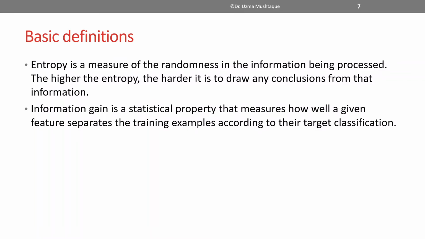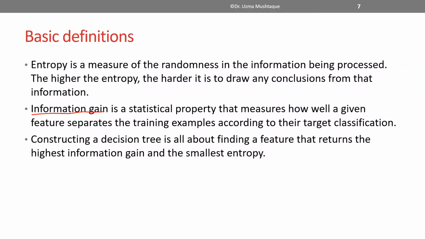There is another basic definition that we should be aware of, called information gain. It's a statistical property that measures how well a feature separates the training examples according to their target classification. For example, in our case, it was purchase or no purchase. Making a tree like the one we just built is all about finding the particular feature that returns the highest information gain and the smallest entropy.